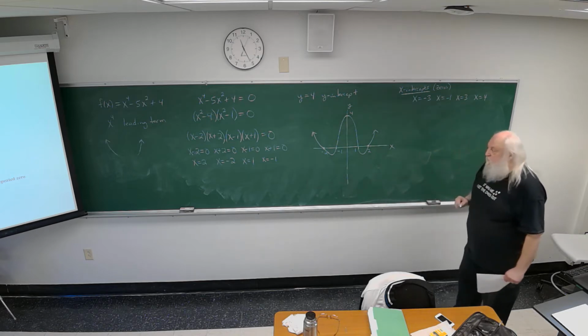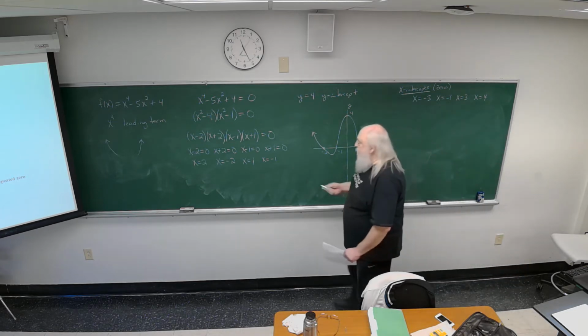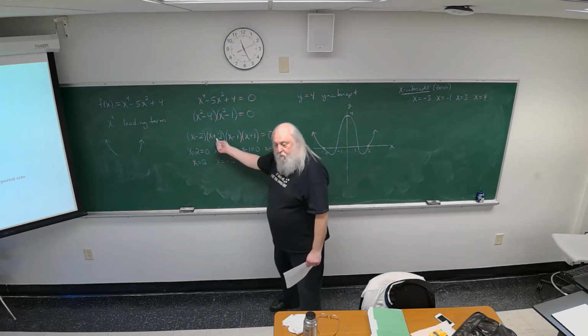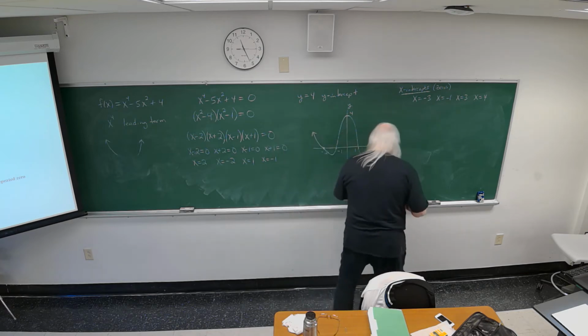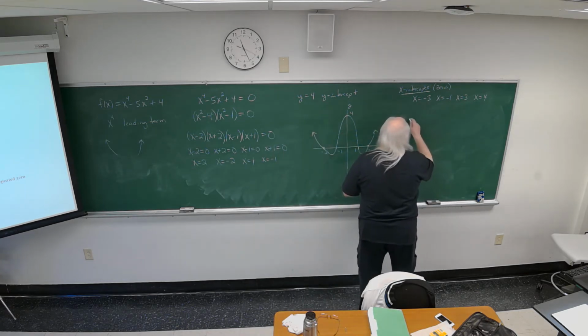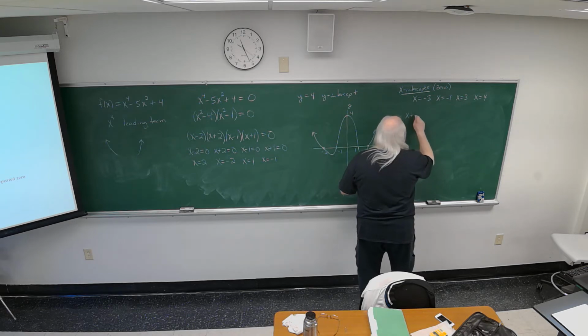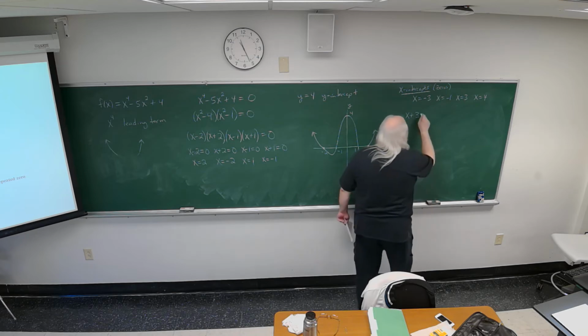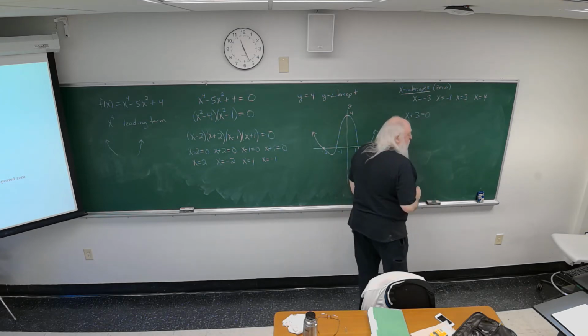Okay? And so, given what the x-intercepts are, we can now figure out what the factors are. If x is equal to minus 3 is a 0, then when you add 3 to both sides, you get x plus 3 is equal to 0.